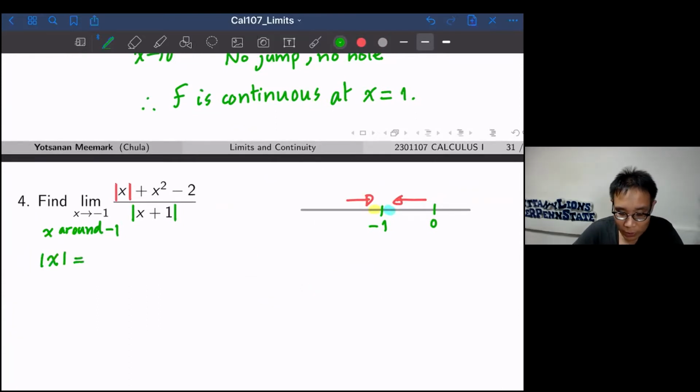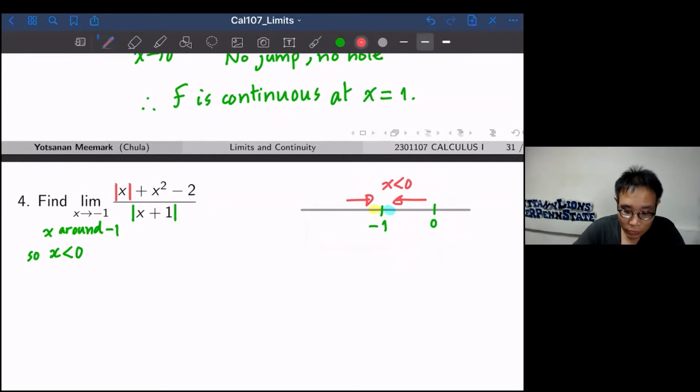The absolute value of x turns out to be what? Because you have x around -1, you have x less than 0. According to this picture, x is around -1 on both sides, so x is smaller than 0 for sure.